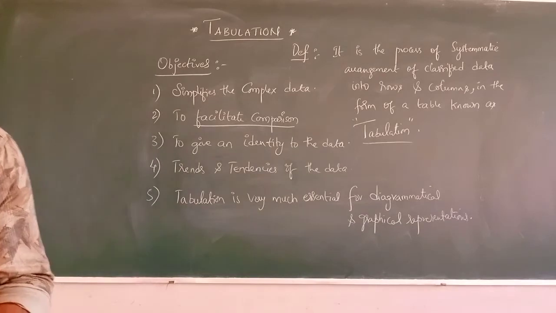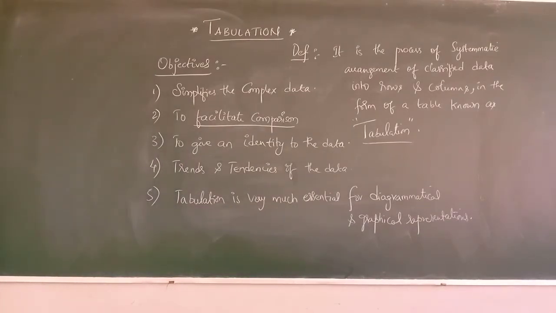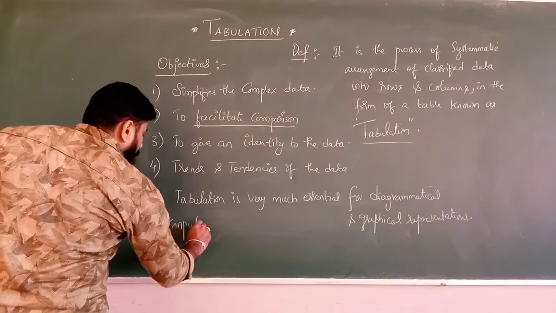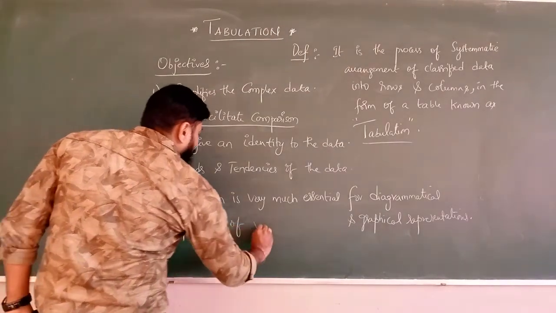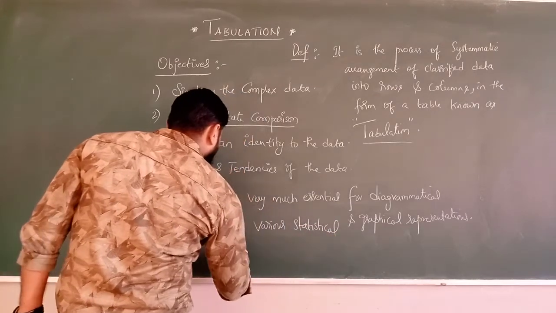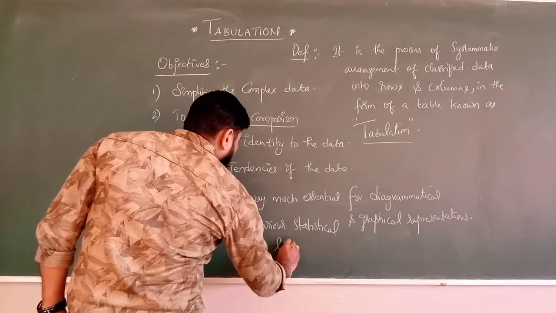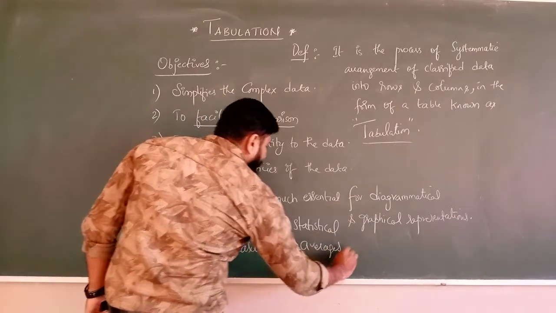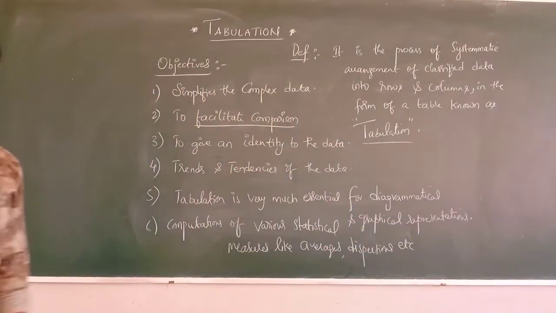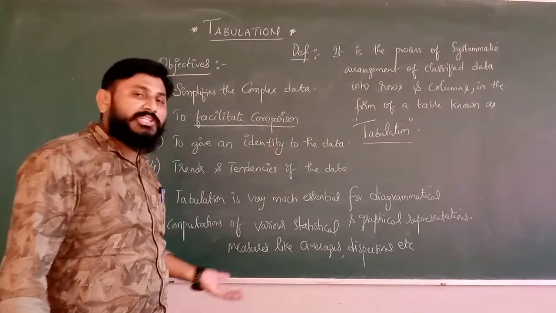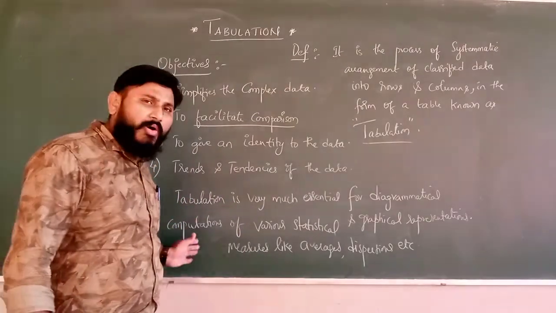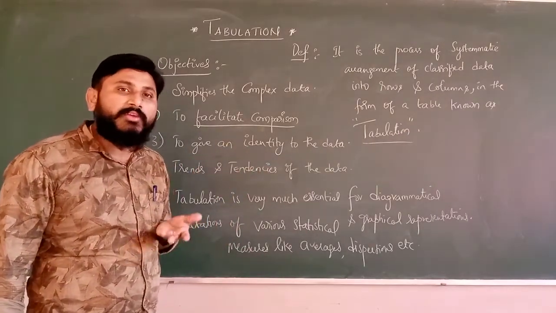Clear? So these are the objectives, and one more is it facilitates computation of various statistical measures like averages, dispersions, etc. See, if you want to calculate anything, average, standard deviation, variation, coefficient of variation, mean, median, mode, harmonic mean, geometric mean, for all these kinds of statistical measures, we need a tabulated form.